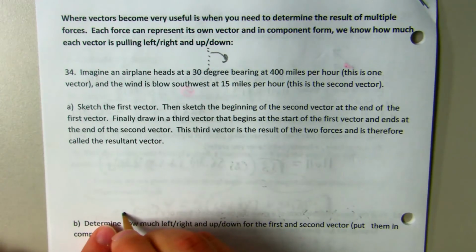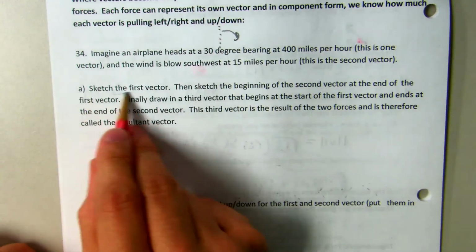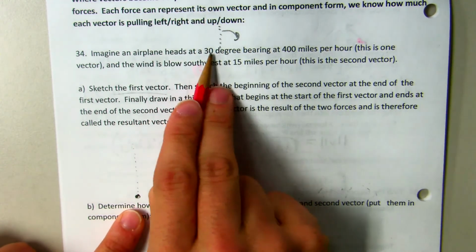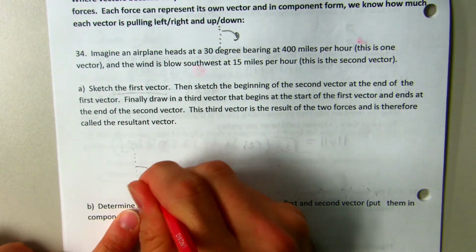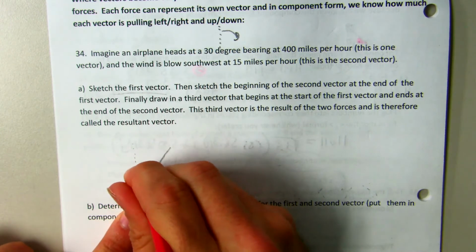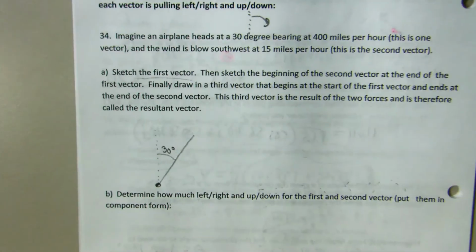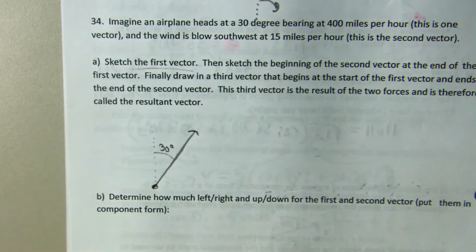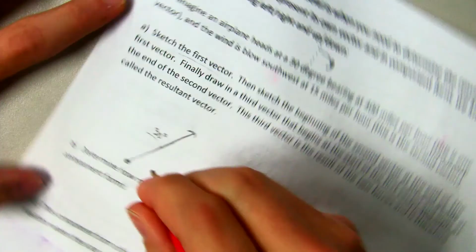So I'm going to say I'm starting here. From the north line, is it bearing at 30 degrees? So turn 30 degrees. Make sure you label that as 30. And then that's the direction he's heading, and he's going at 400 miles per hour.